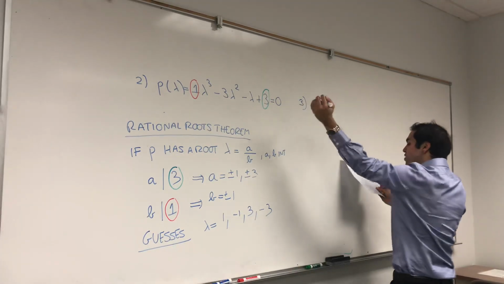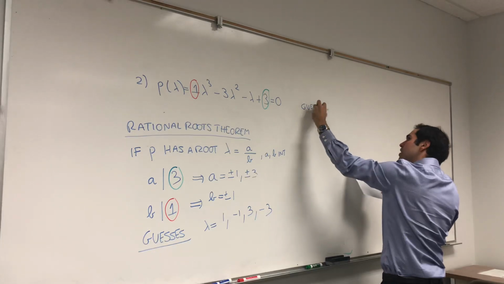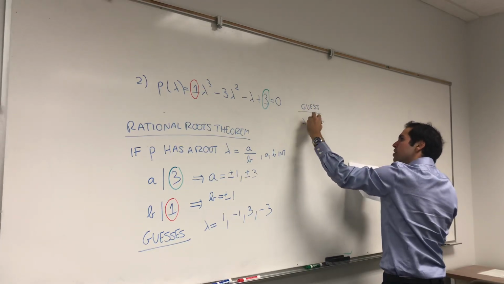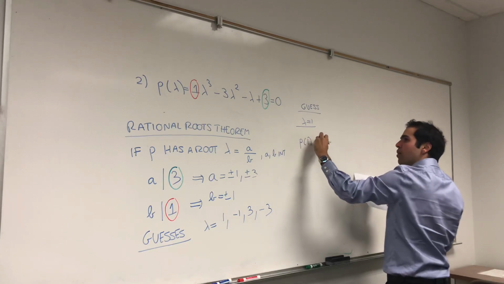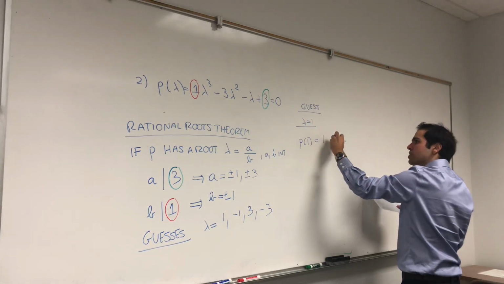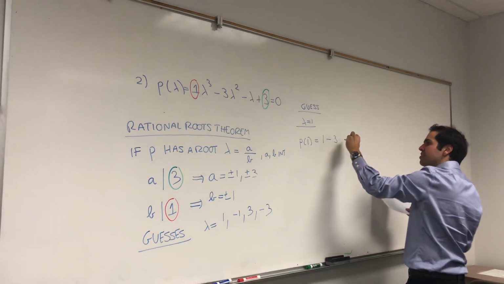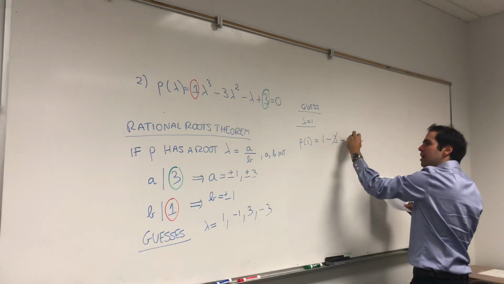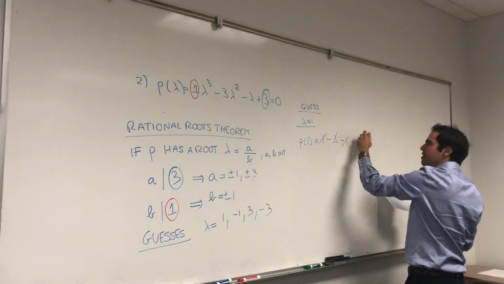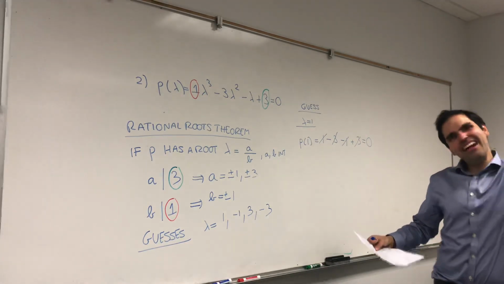All right, so what you have to do is plug in your guesses, so try out lambda equals 1. And let's see if p of 1 is 0. So p of 1 is 1 cubed, which is 1, minus 3 times 1 squared, which is minus 3, minus 1 plus 3. Let's see, and that's 0.